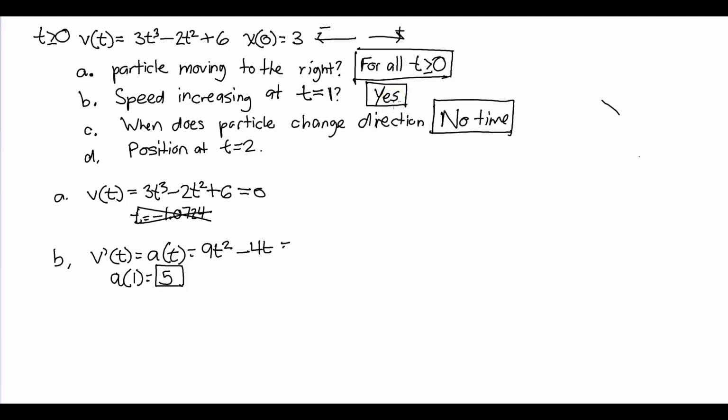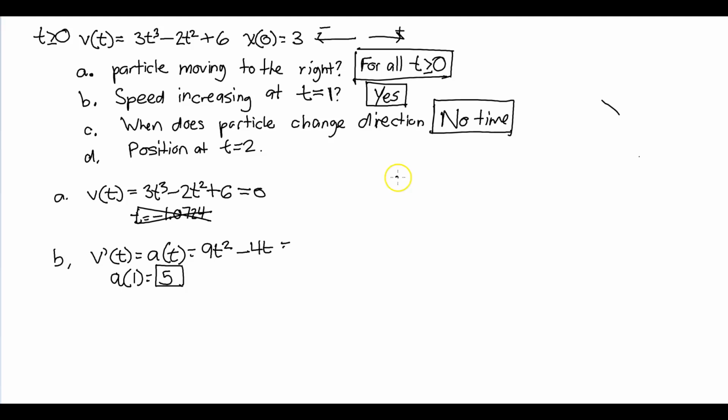So what happens if our acceleration was negative? Well, that means our speed is decreasing. Even though the velocity does not become negative, our speed does start to decrease.